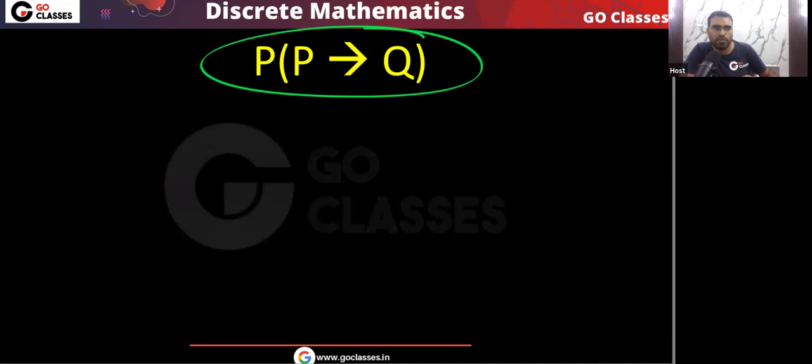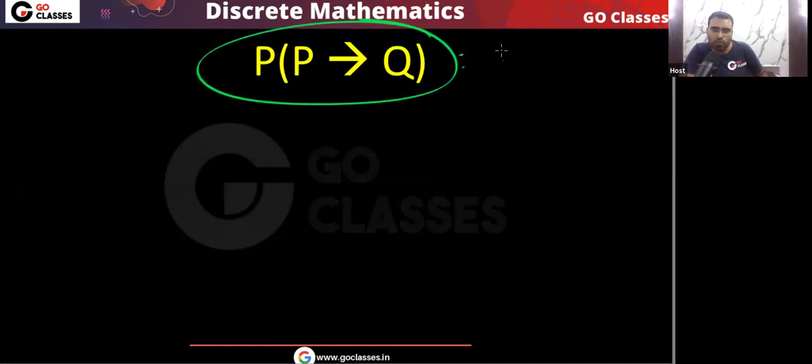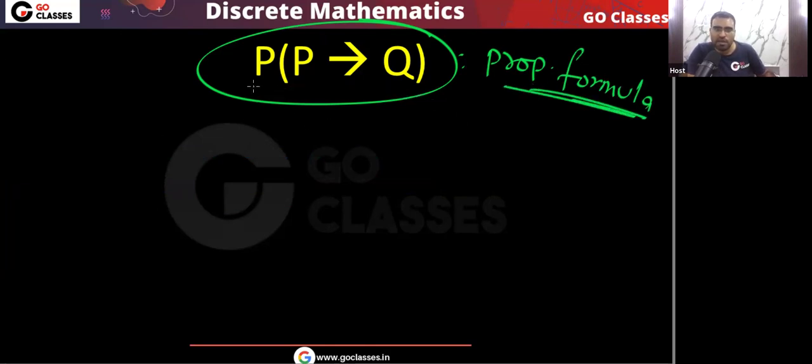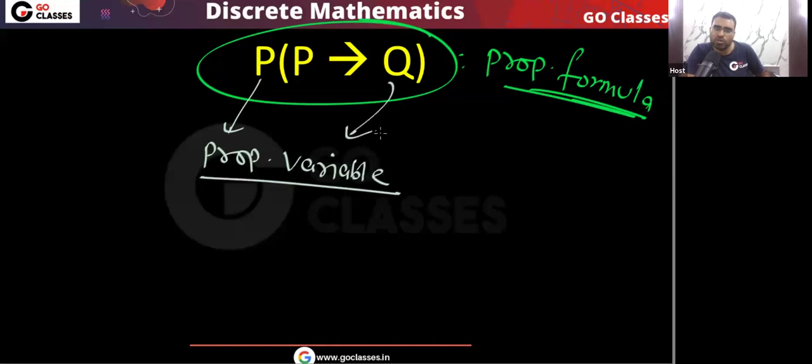What does truth table mean? First of all, please notice here, this is a formula. Yes or no? I can call it a compound proposition, or I can call it a propositional formula. This is our propositional formula, or I can say this is our propositional expression. Now here, this is your atomic proposition, this is your propositional variable. Similarly, this is also a propositional variable.